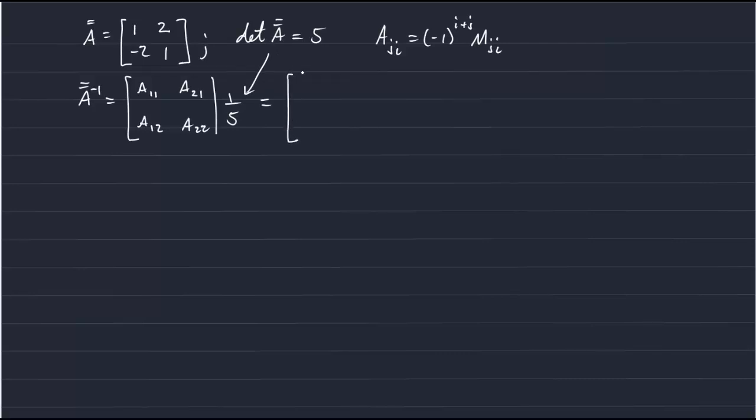And A11 is equal to minus 1 raised to the second power times the determinant of the submatrix when the first row and the first column are removed. So that's 1. A21 is minus 1 raised to the third power times the subdeterminant when the second row, first column is removed. So that's 2.